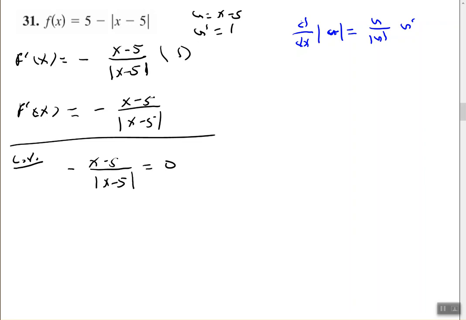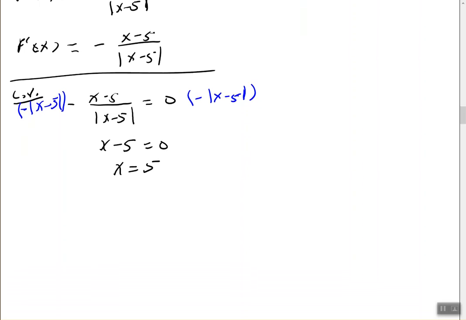All right, we're going to multiply both sides by, I want to make it positive, so negative absolute value of x minus 5. And that will leave us with x minus 5 equals 0 and x equals positive 5. All right, so we only have one critical value at 5.